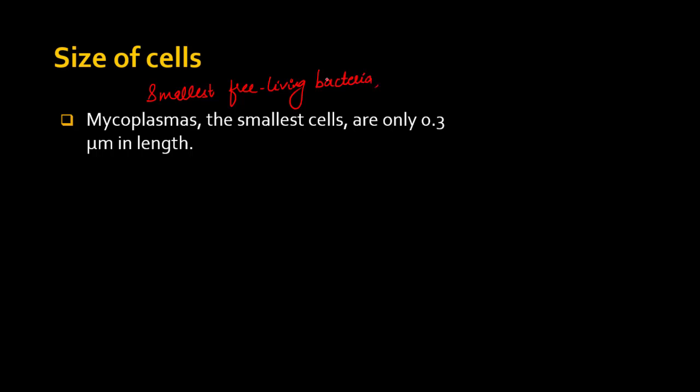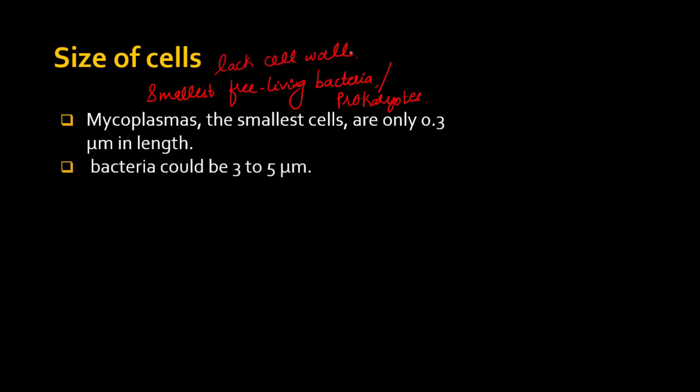Or they are the smallest prokaryotes, you can say. And these are the bacteria which actually lack cell wall. They lack cell wall, right? And bacteria could be 3 to 5 micrometer. This is the size range of the normal bacteria.